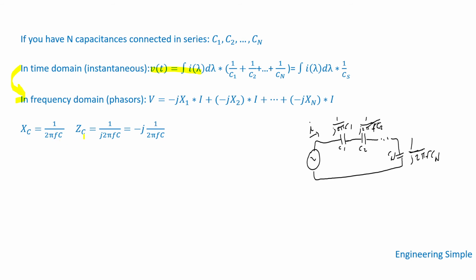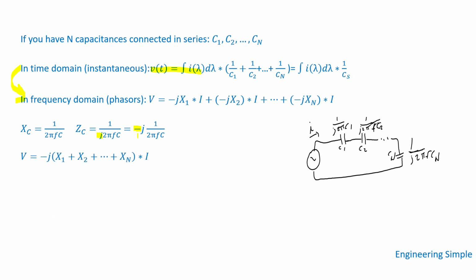Or the impedance is 1 over j times 2 pi times the frequency times the capacitance. If I multiply both sides by j, 1 times j is just j, j times j is -1, and so that's why you have this negative sign here. Because if you move j from the denominator to the numerator, you get a negative sign.